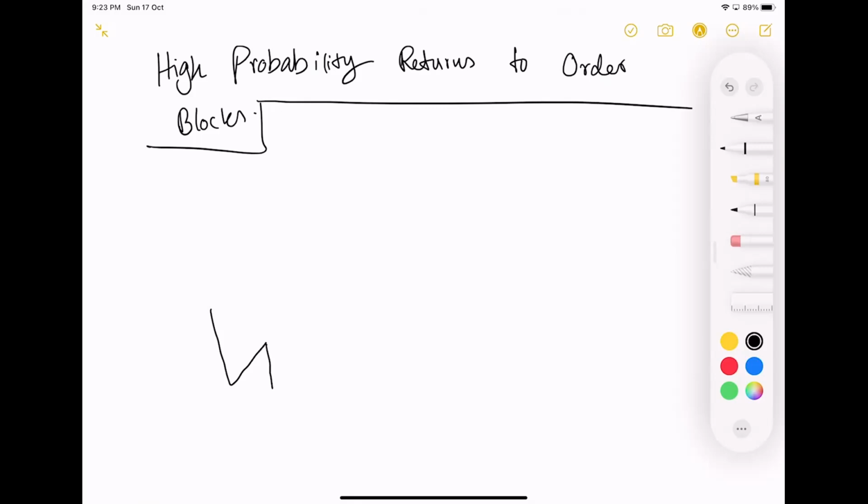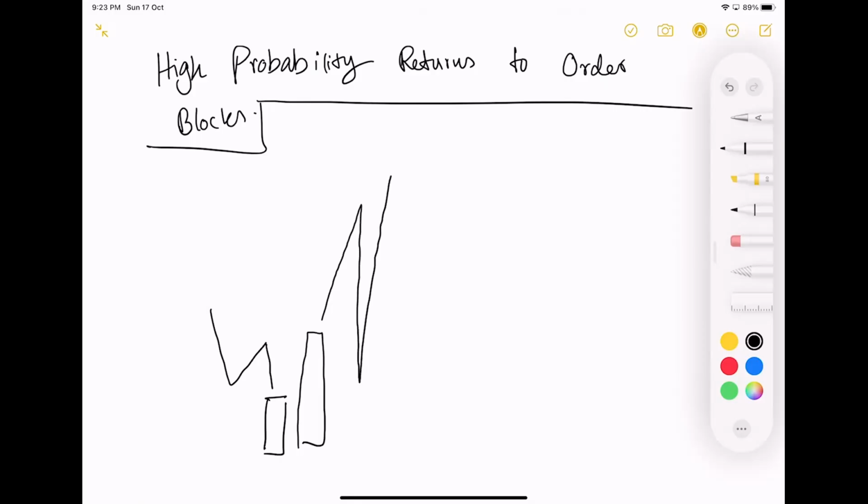You got the candle, you got the displacement here, and then you have that. Now this is step one, of certain mistakes that lead to your own trade getting induced.